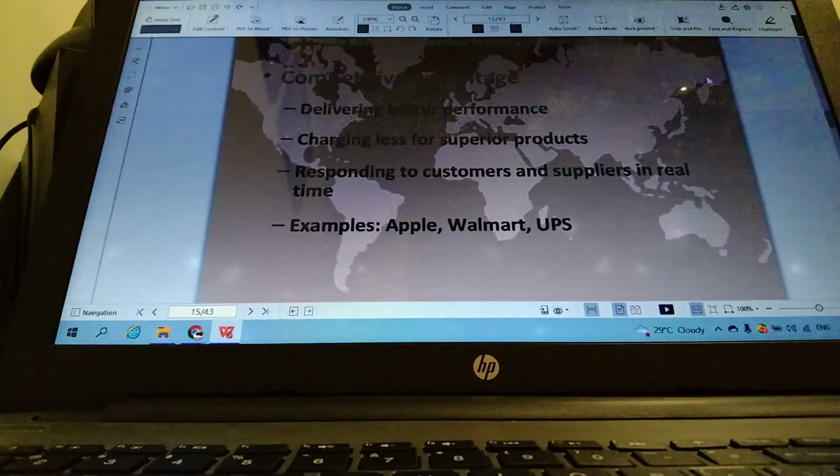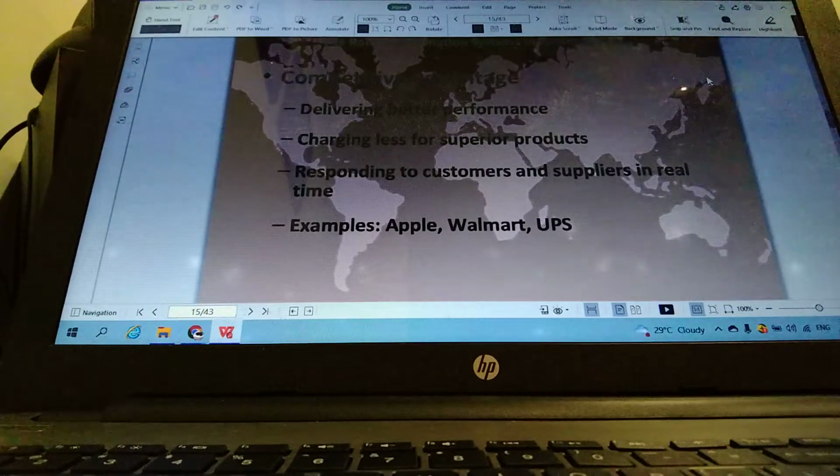Like I mentioned earlier, the time to market, the time to generate new products, becomes shorter and shorter, the cost of producing the product becomes cheaper, and better products or services can be provided to customers, responding to customers and suppliers in real time compared to how we used to deal through phone or other methods like emails, which can cause delays or be overlooked.